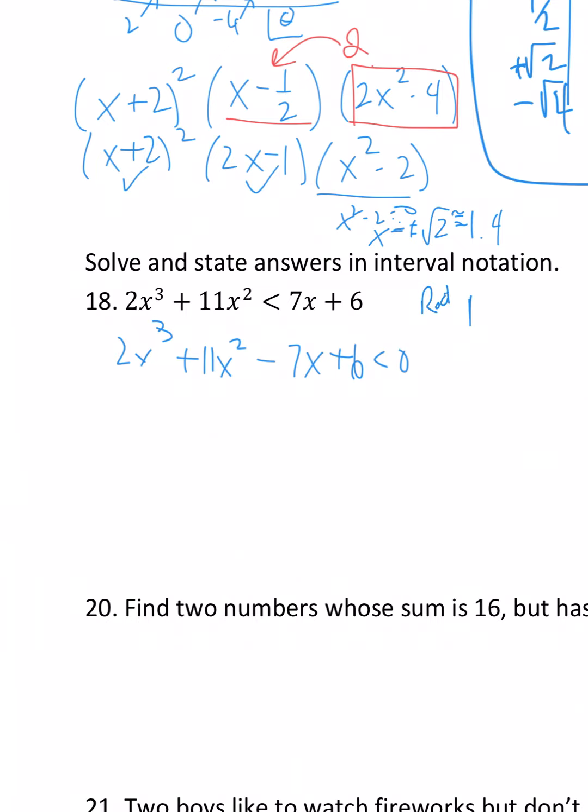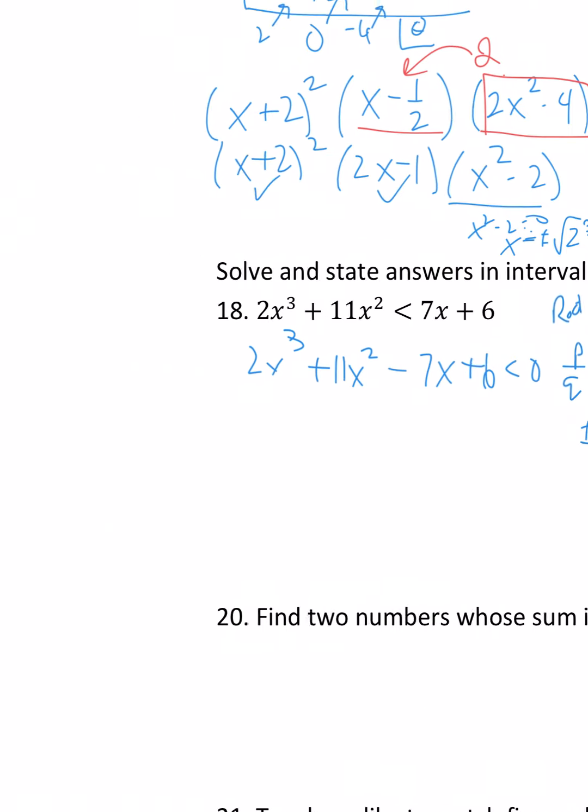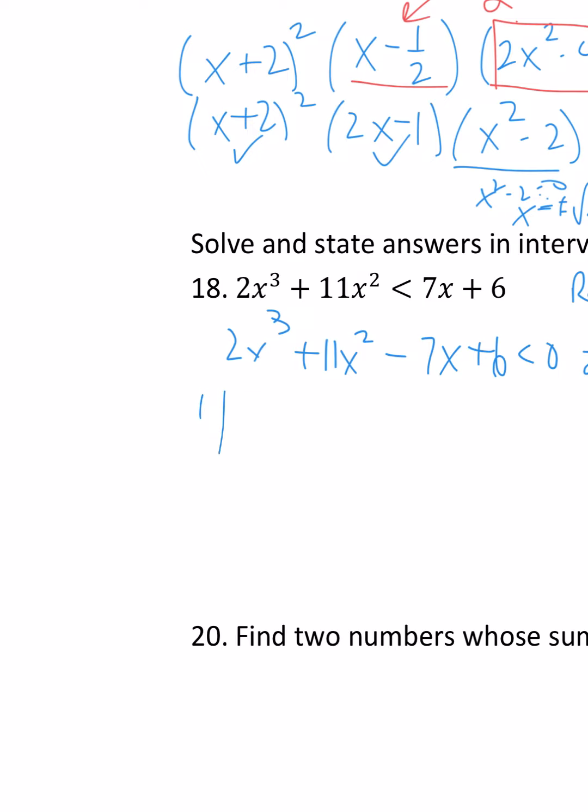Now again, if you're not sure, you could always do p over q, which is what I did. P is 6, q is 2. So that means my possible factors are this over this, which means my options are 1, 2, 3, 6, 1/2, and 3/2. Now again, fortunately for us, 1 is a root, so that's going to be a very quick one to work out.